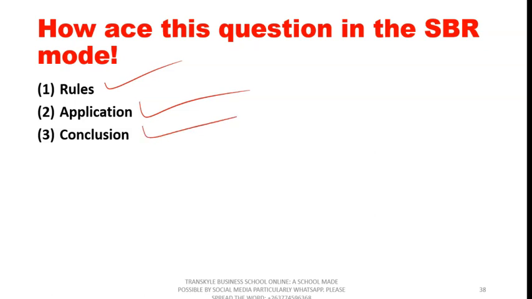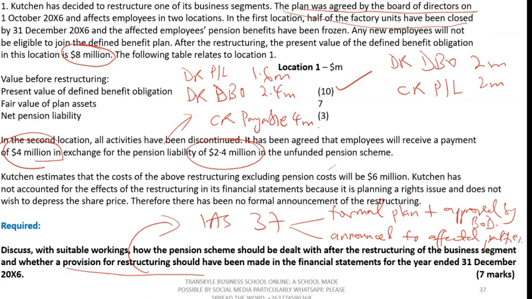Then you have to make the conclusion. An example of a conclusion is to give your opinion as to whether the restructuring provision should have been made in the financial statements. Because the question is saying, tell us whether this provision should have been made. And you must conclude by saying, based on these facts, a restructuring provision should have been made or should not have been made.